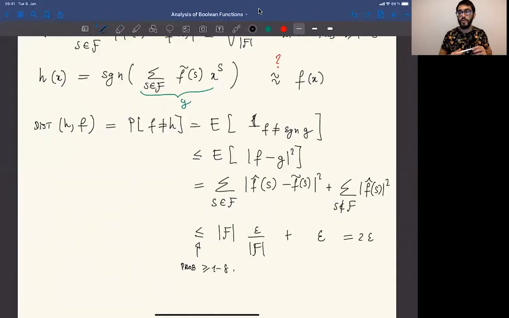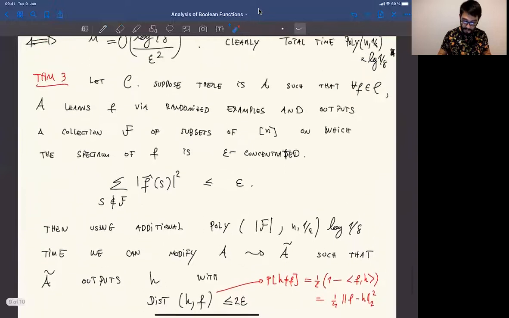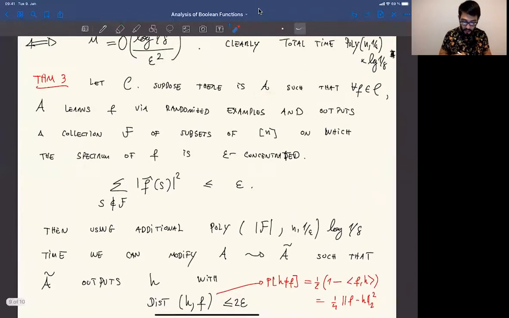Okay. So again, you see the algorithm A can output f with certain, say, high probability because it's randomized. I didn't say here how high the probability was. So I could say 1 minus delta. Again, then it would be 1 minus 2 delta in the end.